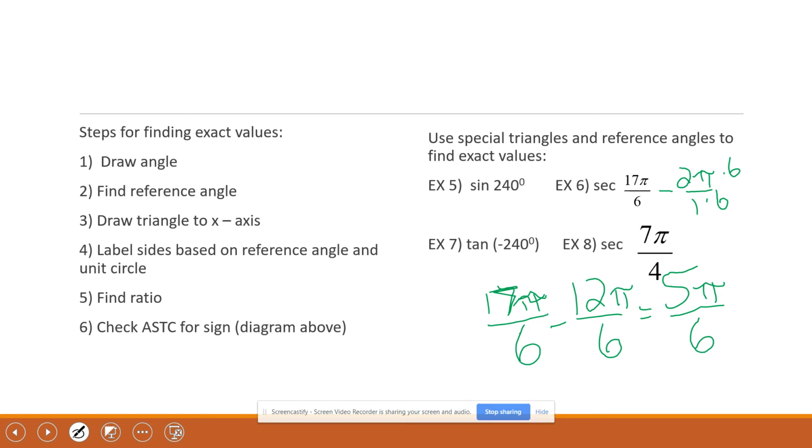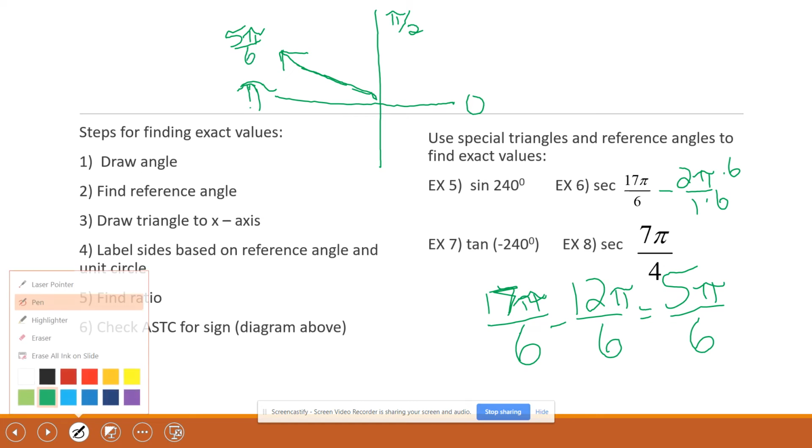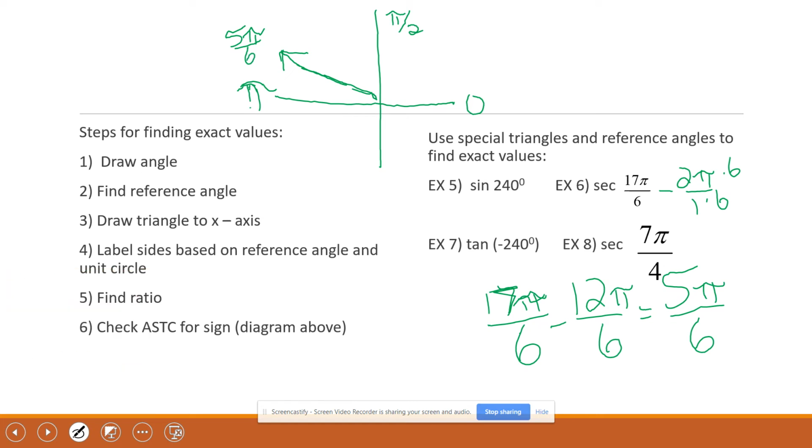5 pi over 6 is over in quadrant 2. It's positive, so we know we're going counterclockwise. There's 1 pi. 5 pi over 6 is right here. Our nearest x-axis is here at pi.